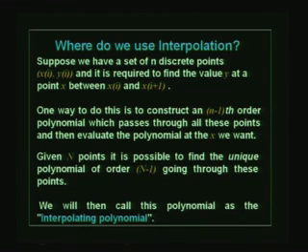This n minus 1th order polynomial which goes through these n points is a unique polynomial, even though we can write it in various different ways. This unique polynomial is called an interpolating polynomial.